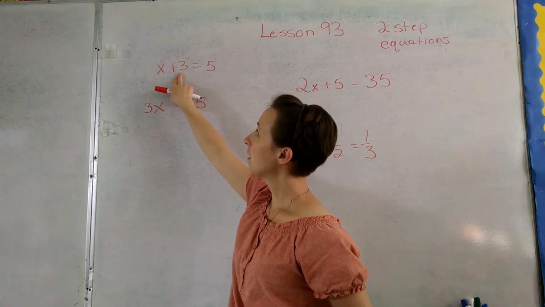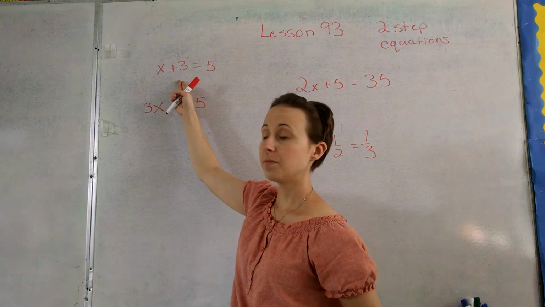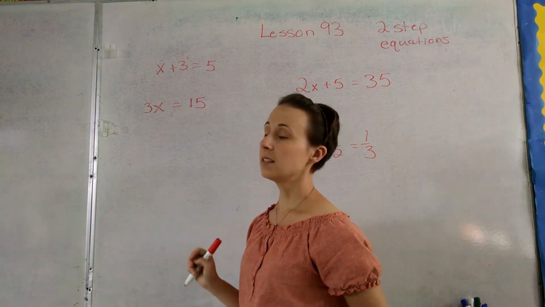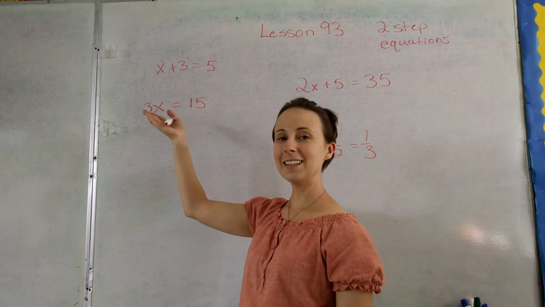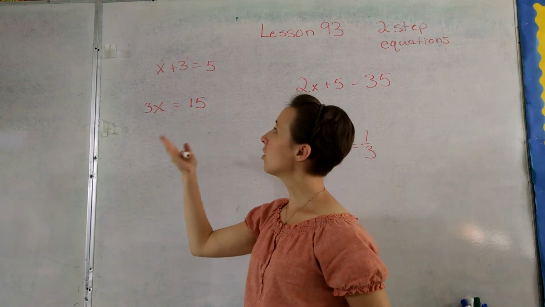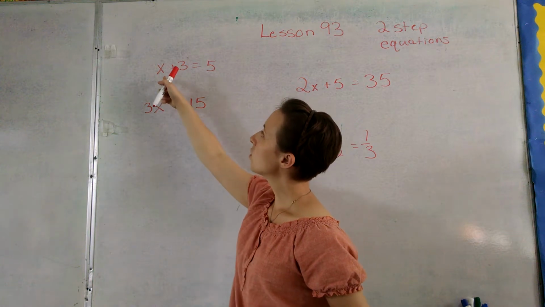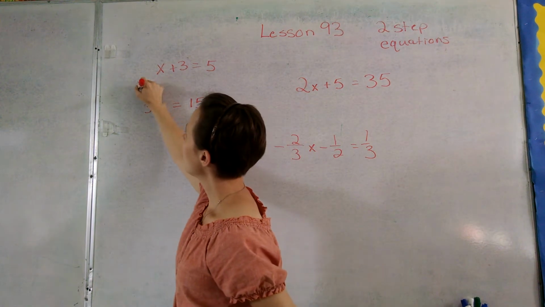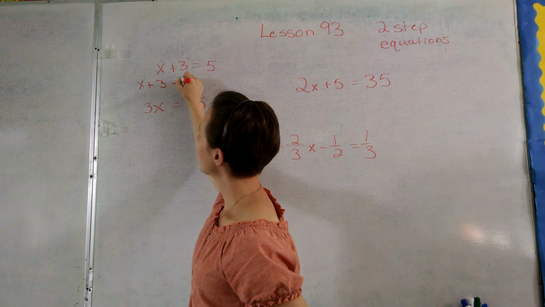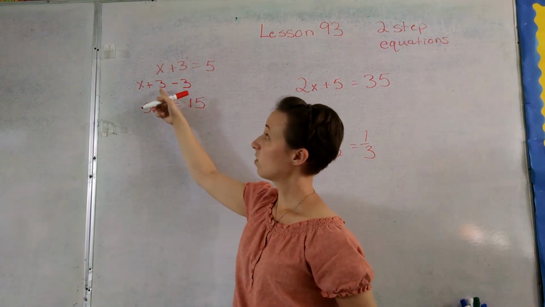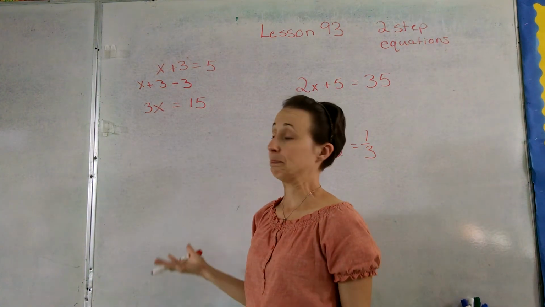If I'm adding, I can do that by subtracting. I could subtract 3 from both sides. If I had been subtracting, I could do it by adding. In either case, we're using the inverse operation to make it cancel out. So here I have x plus 3. If I keep my x plus 3 and I subtract 3, well, plus 3 minus 3 is 0.